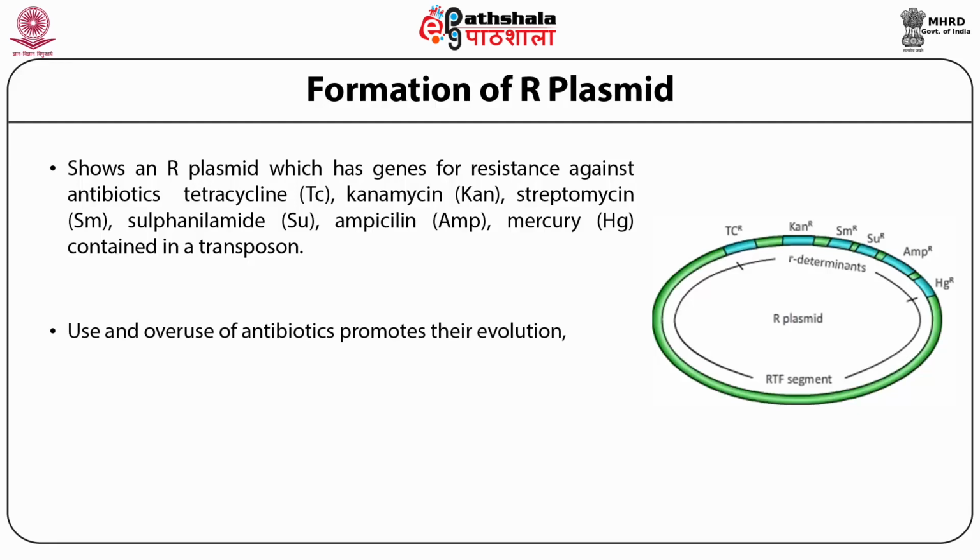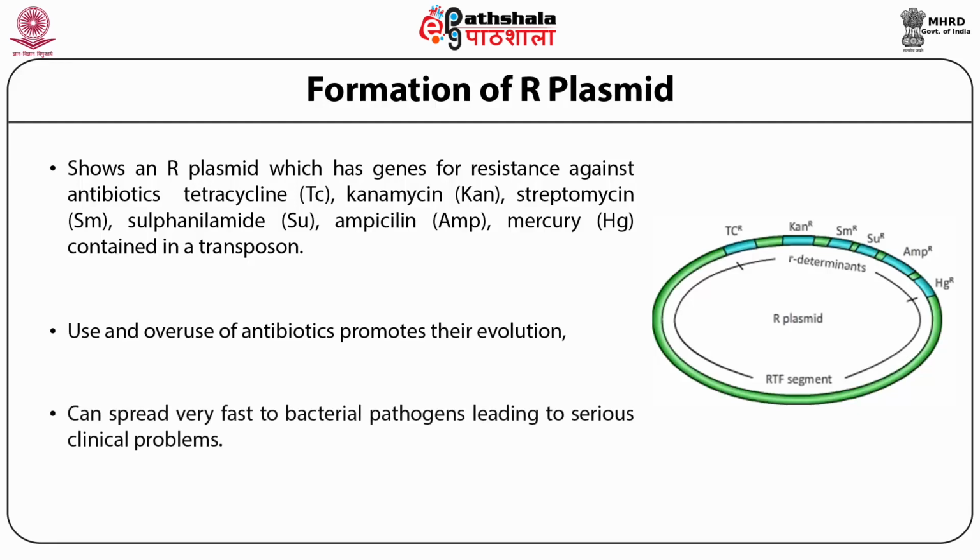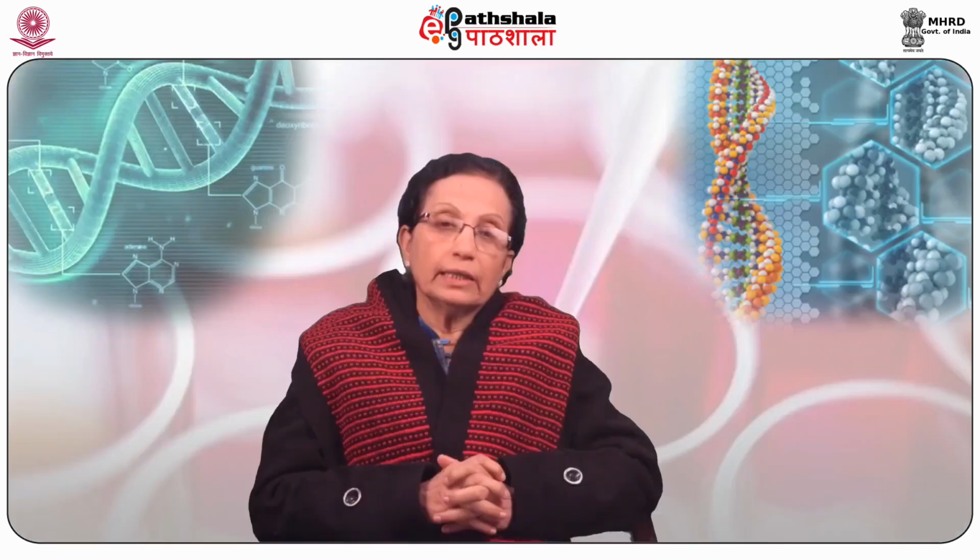Use and overuse of antibiotics promotes their evolution, and they can spread very fast to bacterial pathogens, leading to serious clinical problems because the R plasmid is also a conjugative plasmid and can be very easily transferred to a recipient bacterium.